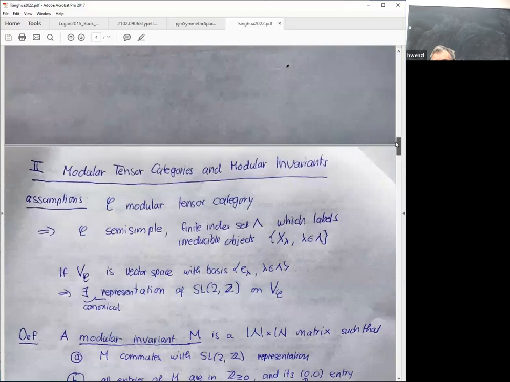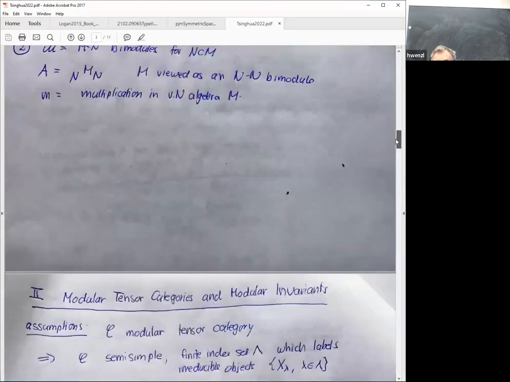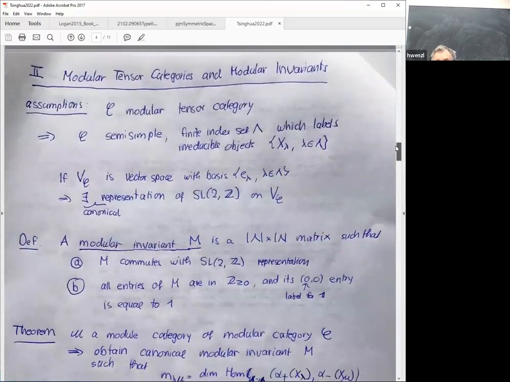All right. So these are quite general results. We now want to concentrate on a special class of tensor categories called modular tensor categories, and modular invariants. Okay, I'm not going to write down all the axioms for a modular tensor category. It has a braiding in particular.